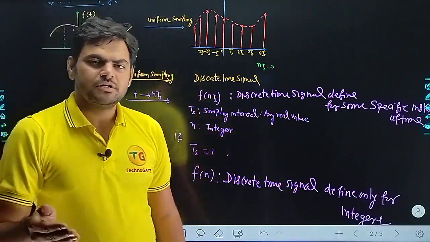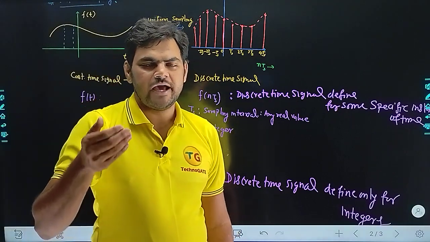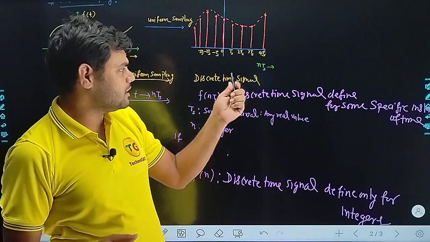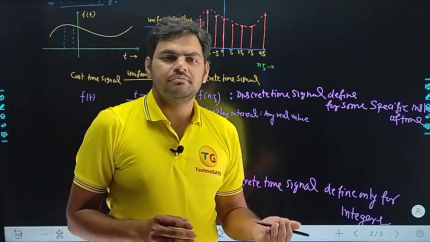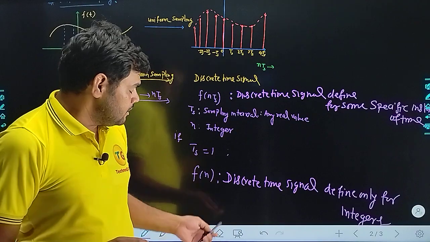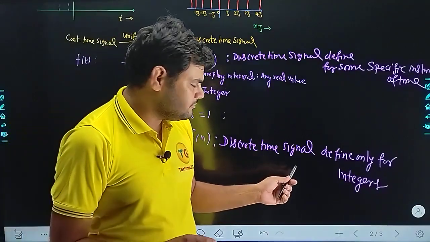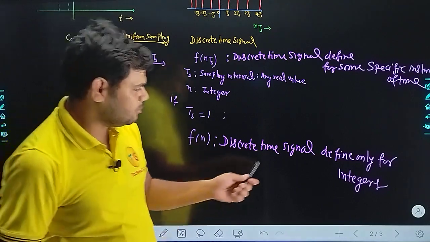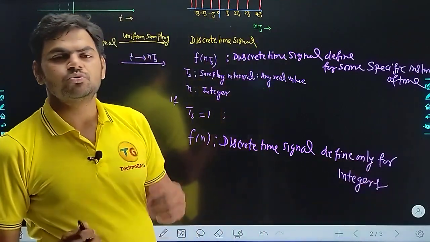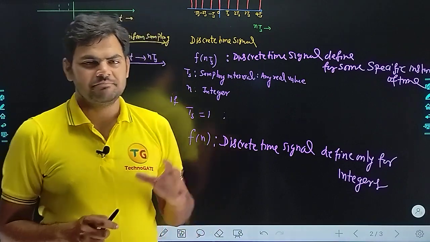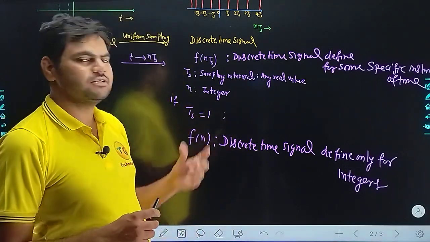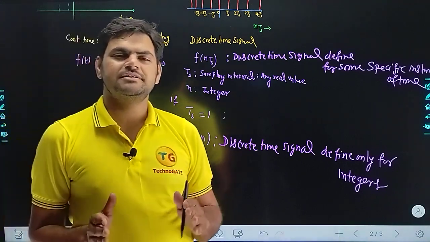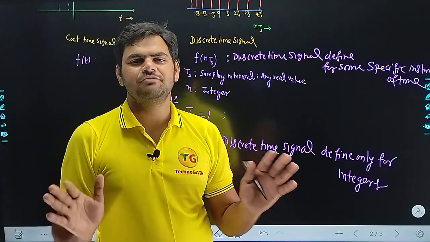So the actual definition says it is defined for some specific instants of time, not for others. The discrete time signal we have represented as f of n means it is defined only for integers. So throughout this subject, except the sampling criteria chapter, we will use ts equal to 1, because ts equal to 1 will make the discrete time signal representation very easy for us.